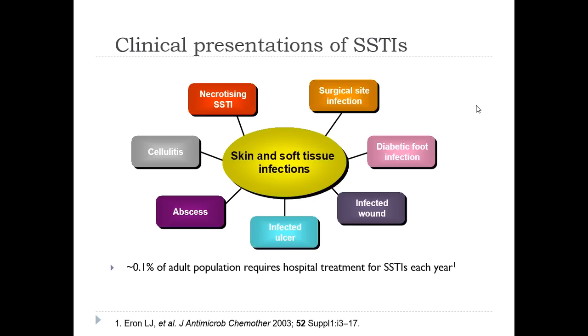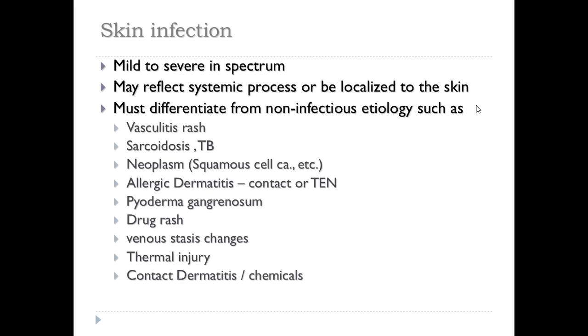Now these are the dangerous ones, though any of these infections can become overwhelmingly fulminant and can lead to sepsis, septic shock, and multi-organ failure. But necrotizing infections give you very less time.